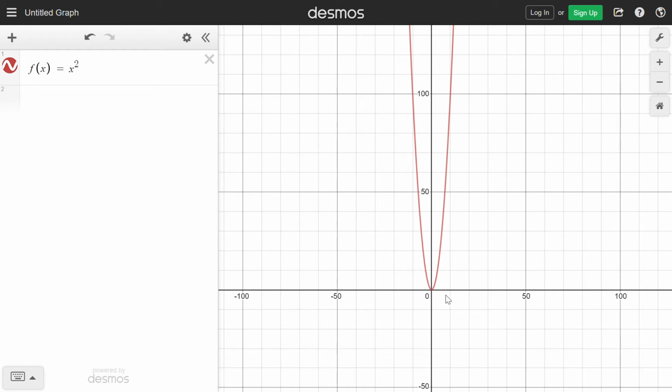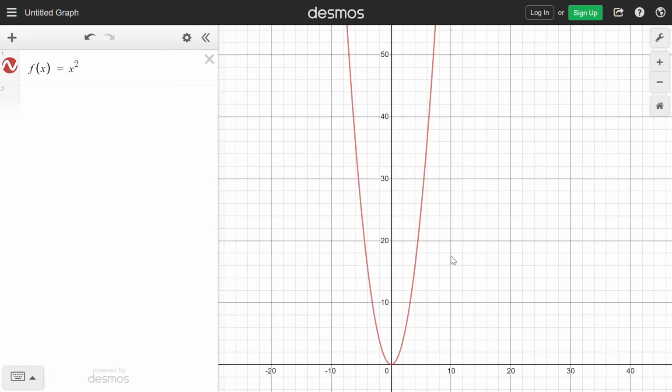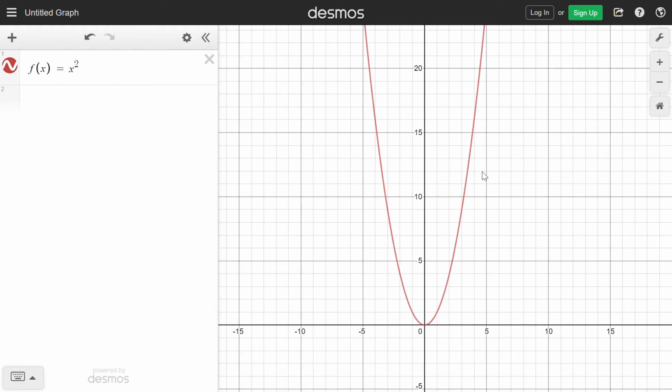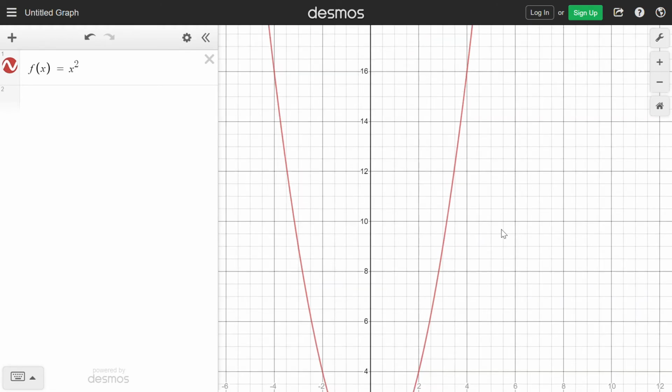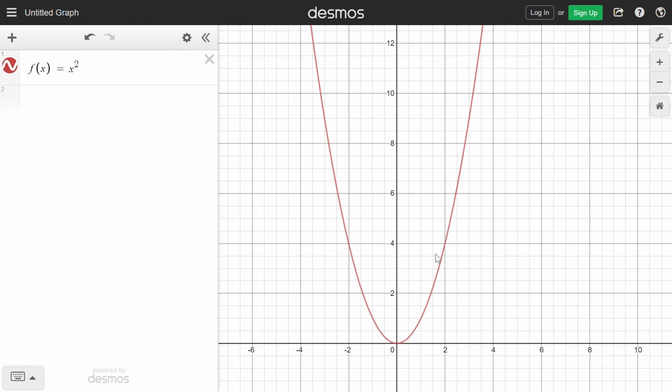So we're barely past the 10 mark, but our y coordinate is already past 100. Now, normally you'll just be shown a graph that looks something like this. And from there are certain things you're asked to identify.